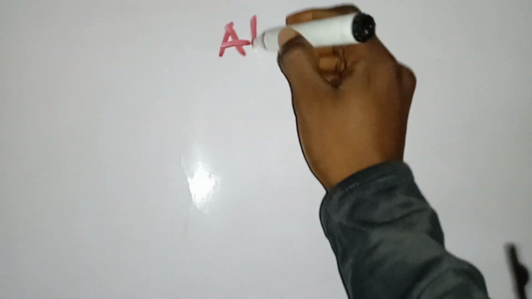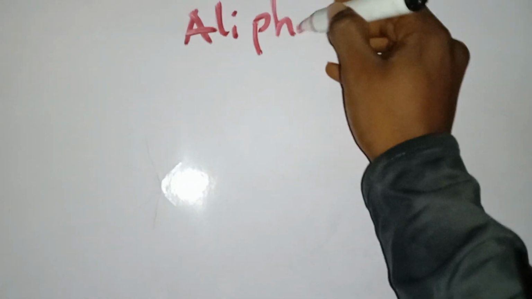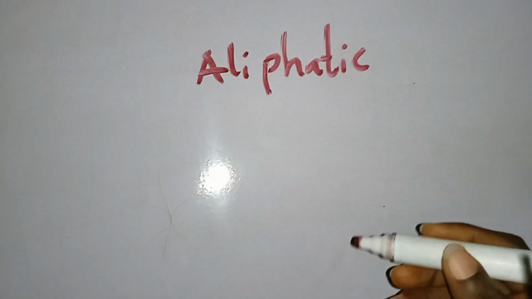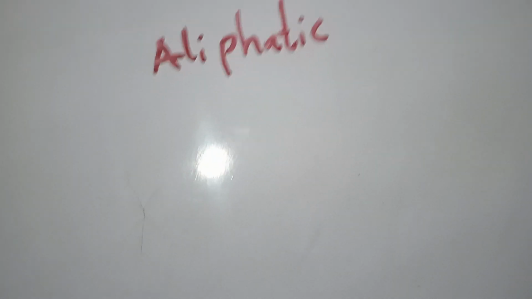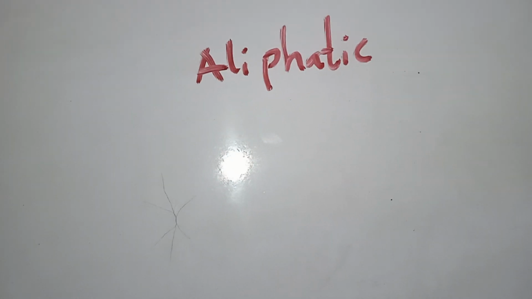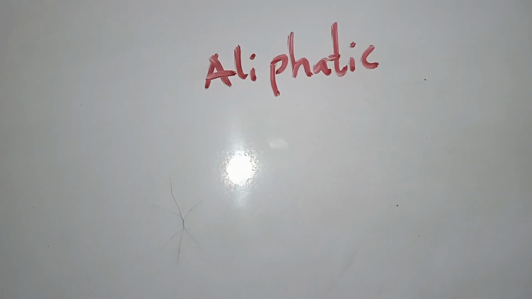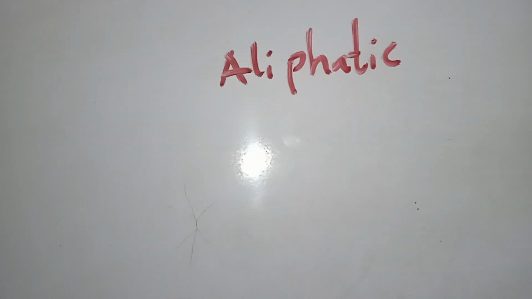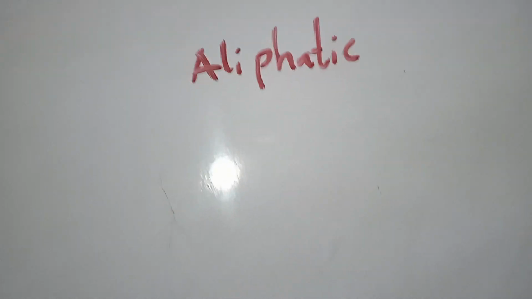So any straight chain hydrocarbon is called aliphatic hydrocarbon. And if you know this, we have alicyclic, we have the aromatic, but we are focusing on the aliphatic before the cyclic and then the aromatic.